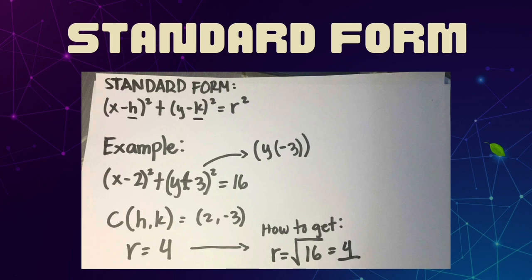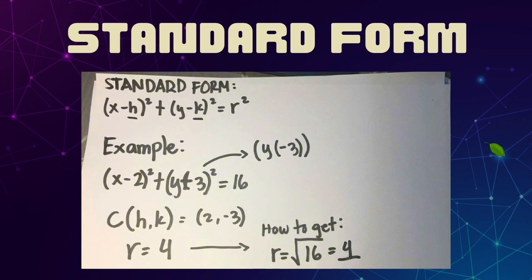Now, if it says y plus 3, that is actually similar to y minus negative 3. So k is negative 3, which is the opposite sign of positive 3. That's why the signs of the center appear to be opposite because of how subtraction works inside the parentheses.